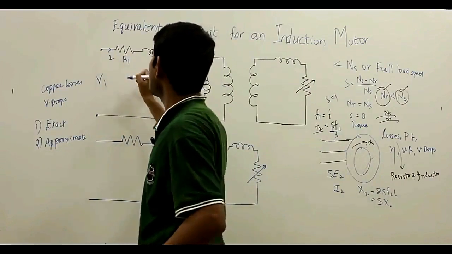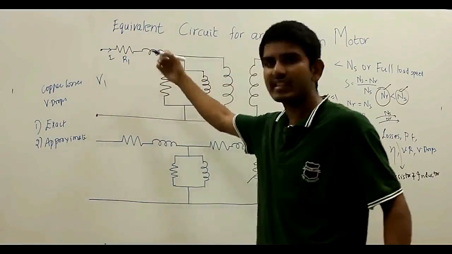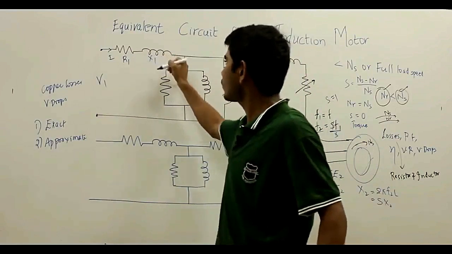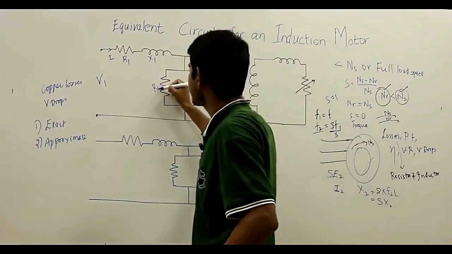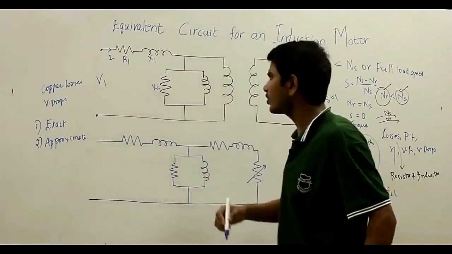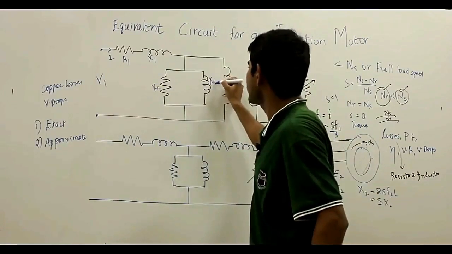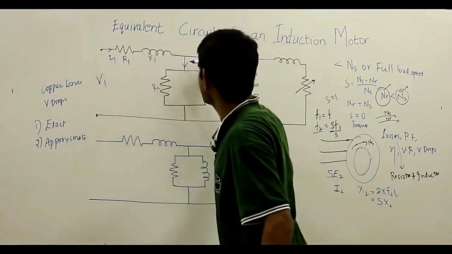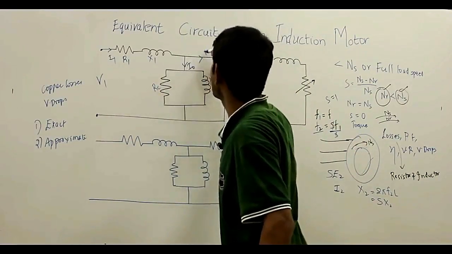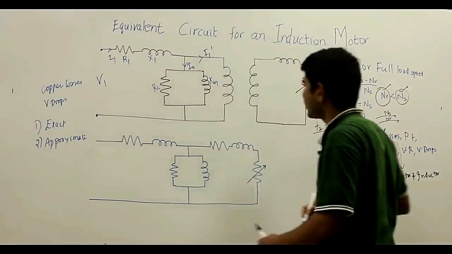This is R1, the stator winding resistance per phase, and X1, the stator winding reactance per phase. This is RC, the core loss component or energy component, and this is XM, the magnetizing component. This is I1 current, here I0 is the no load current, and this is your I1 dash.